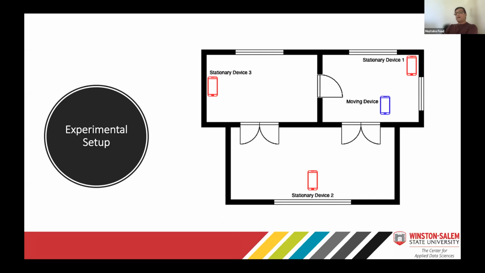We want to figure out its movement in the indoor space. Right now, the situation is that the mobile device, the blue one, moved from stationary device 1 towards stationary device 2, and you can see in the dotted line how it's going to move in the future.